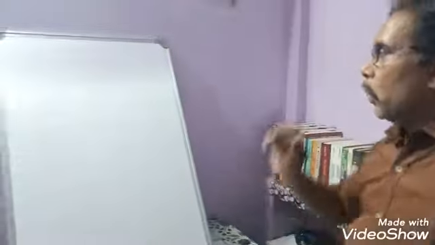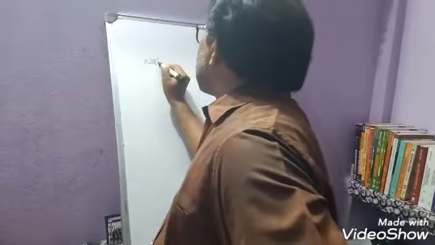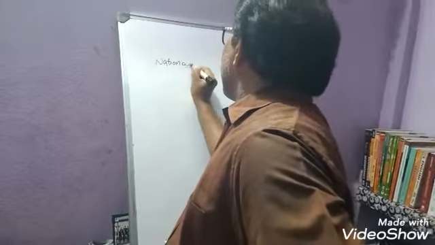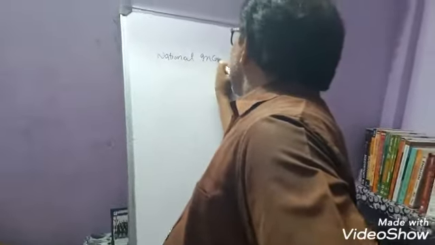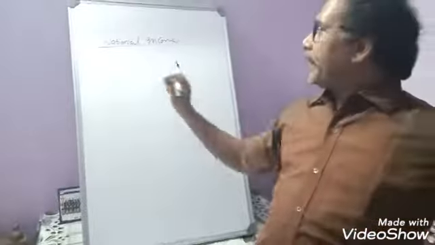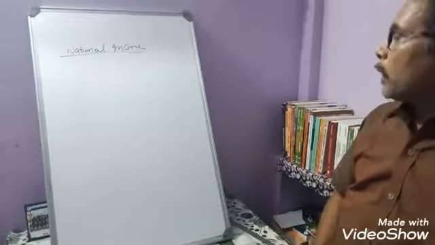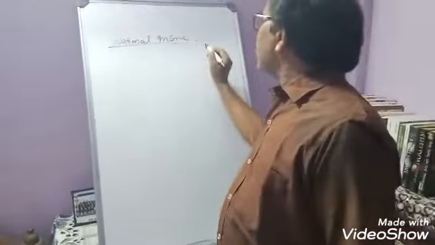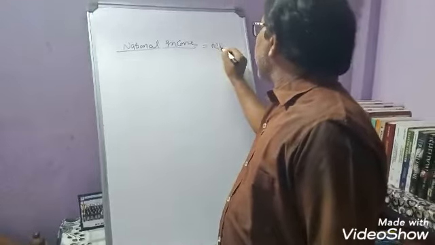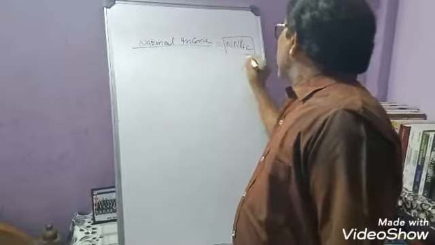In this way, we can calculate the different GDP to GNP, NNP to GNP, and so on. And the last, the most important thing: everywhere it is written calculate national income. It means what you have to calculate? National income is equal to NNP FC.